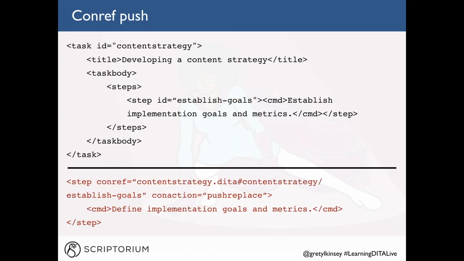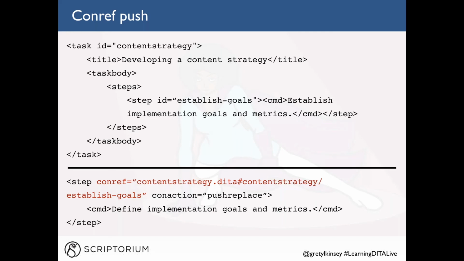And then the second thing that we need is a separate topic where we're going to write another step, and that's the one that you are going to be conref pushing into that first topic. So using the conref and conaction attributes, that's going to be what makes conref push possible. So in this particular case, we are replacing the step in our first topic with this one.